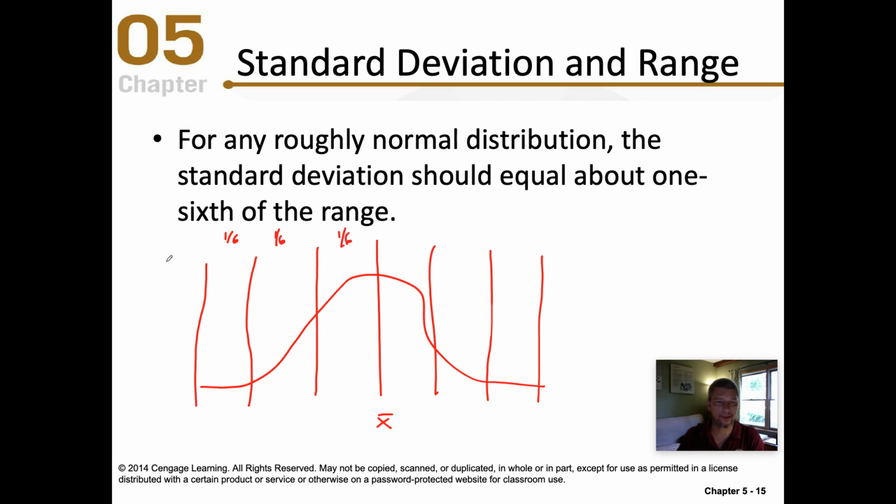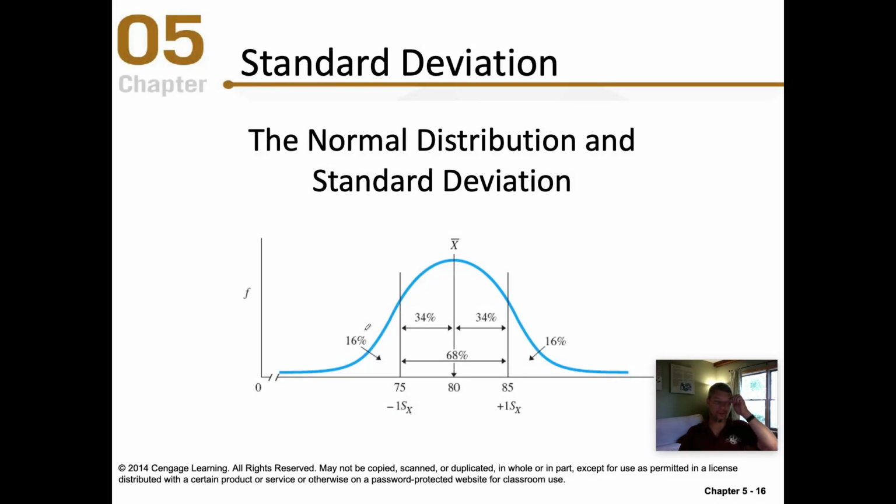So there's half on the left side of the mean, and then 1/6, 1/6, and 1/6 on the right side of the mean. In other words, within 3 standard deviations on either side of the mean, you're going to be able to fit about 99% of all of the data in this normal distribution. So what does that mean for us mathematically?